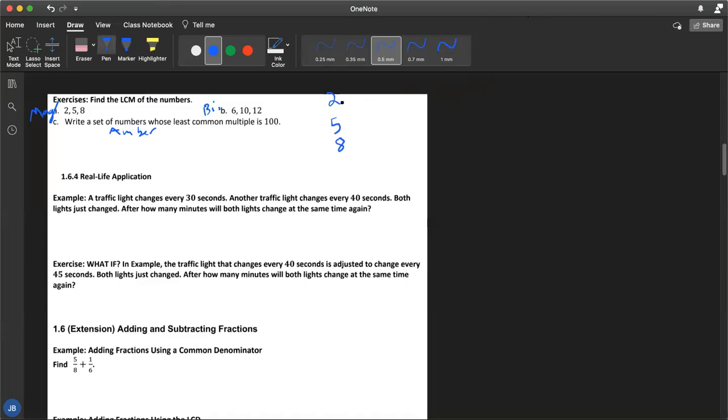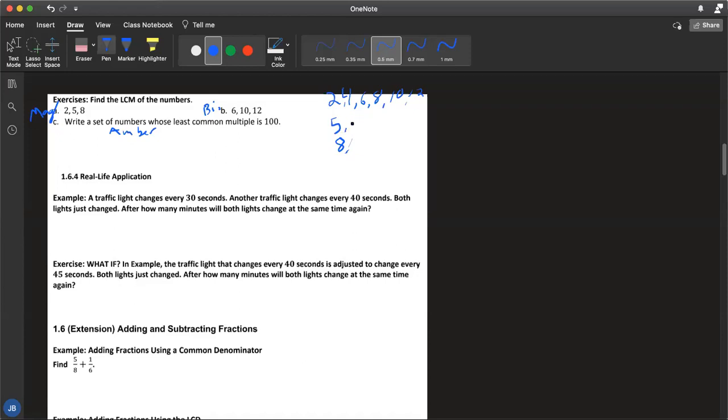If we're doing the list, we'll list the multiples of 2: 2, 4, 6, 8, 10, 12, and it'll keep going. We'll look at 2 later because this one's so small. Now let's look at 5 and 8. Since these ones are bigger, our least common multiple here should be even, so 2 should go into it.